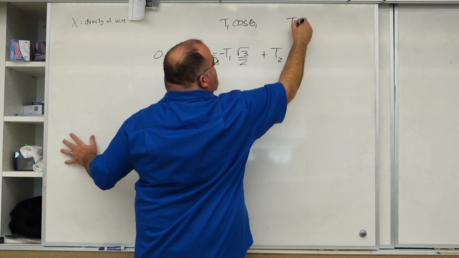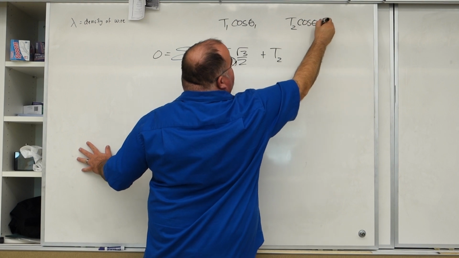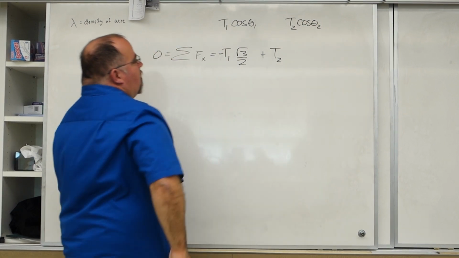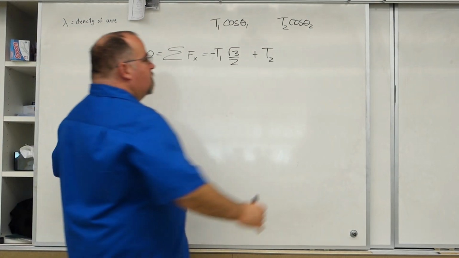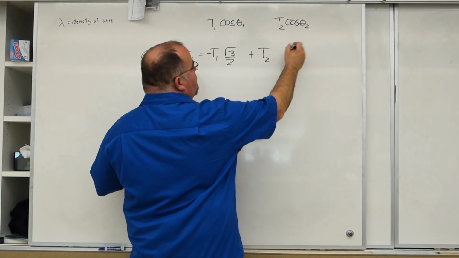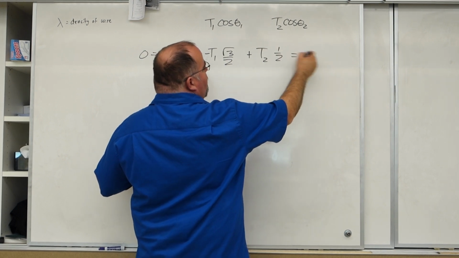I'll just write this up here to remind you where I got this from. What's the cosine of 60? The cosine of 60 is 1/2, yeah. And that's all equal to 0.